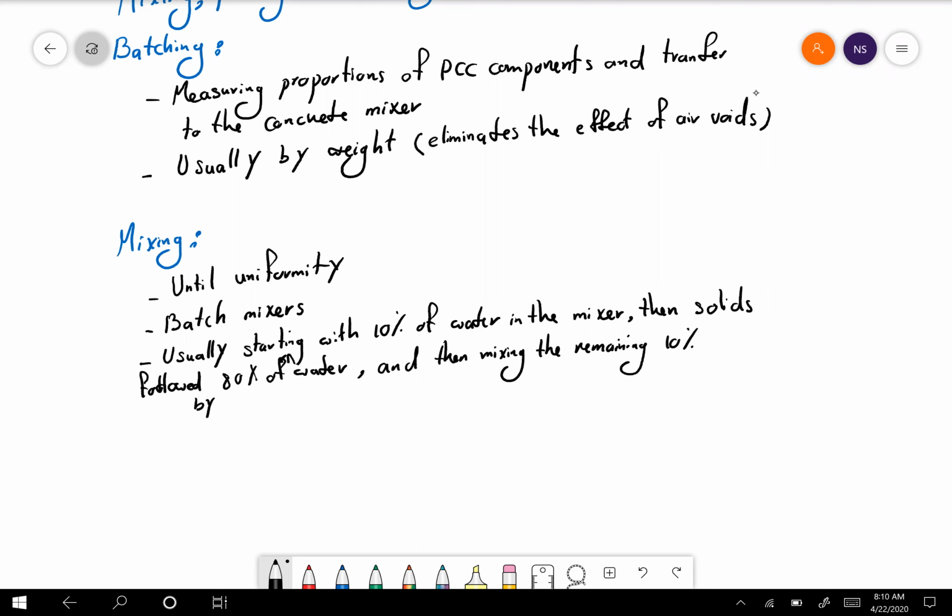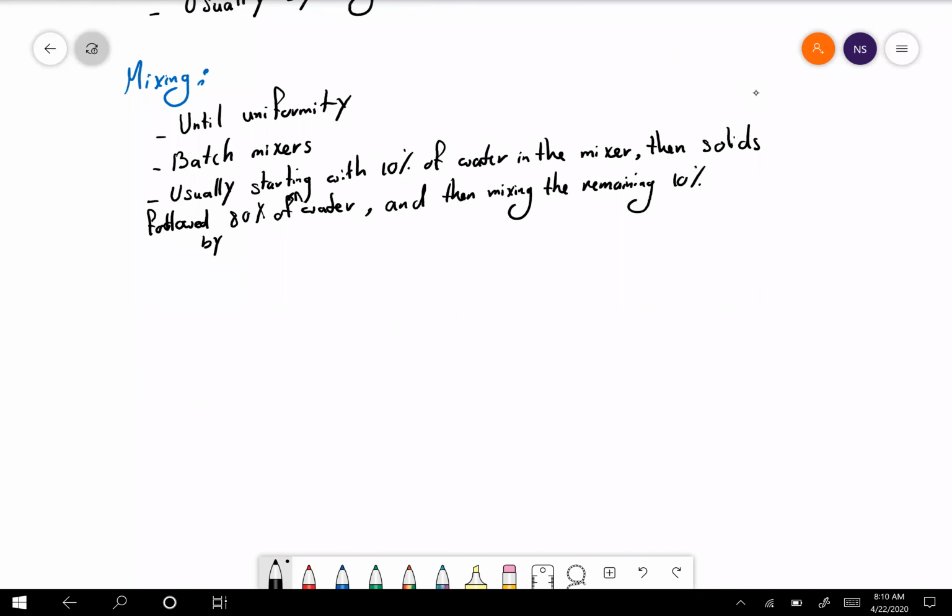The reason is that you don't want to add all the water at once, because you want a consistent and uniform mix.